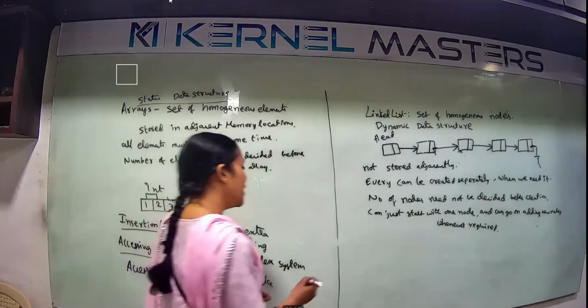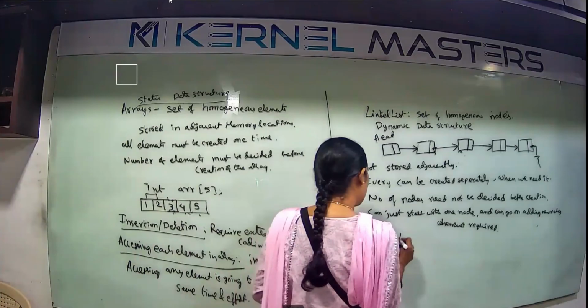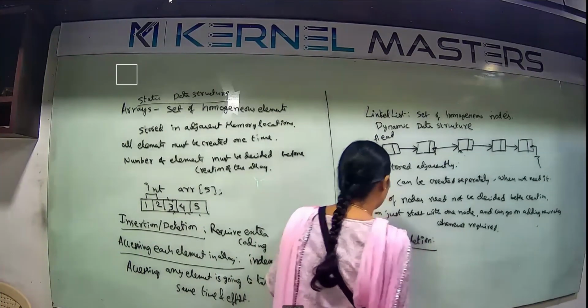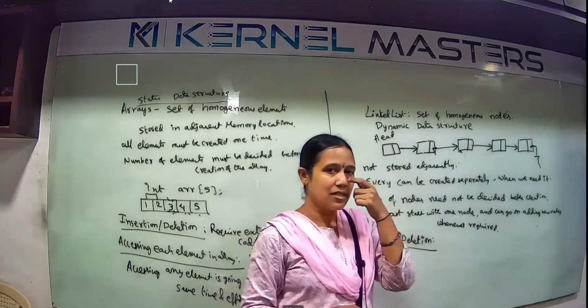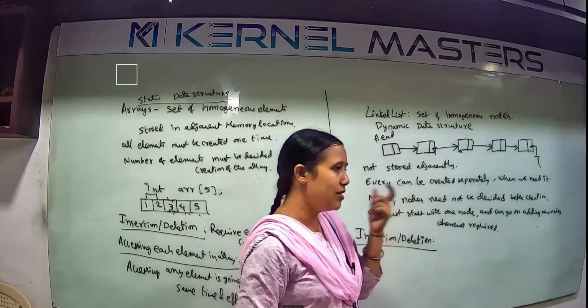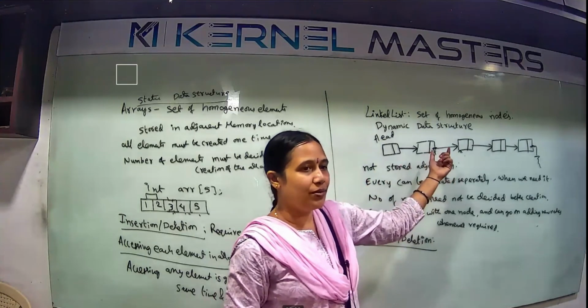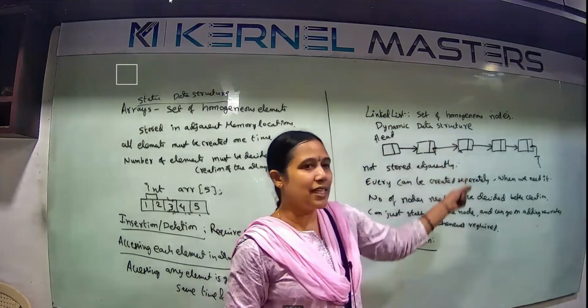Okay. Now insertion or deletion. Insertion or deletion in a linked list is very easy. You just have to find out where you need to insert. That node you need to find out where you have to insert. And once you know, it is simply changing the links only.